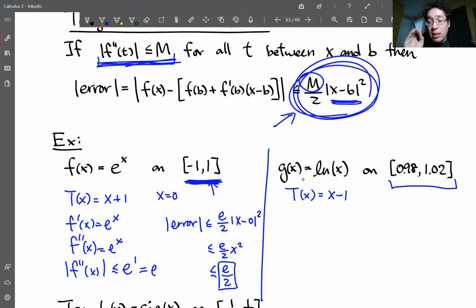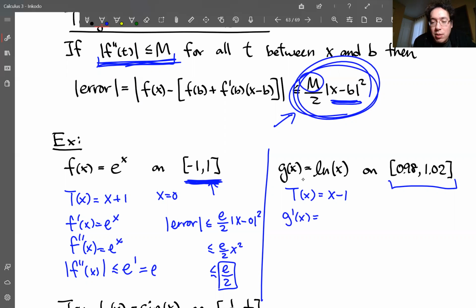So the tangent is at x equals 1. So let's look very closely nearby, from 0.98 to 1.02. So you're within 0.02 from where it's tangent. So the error should be small because we're very close to the tangent point.